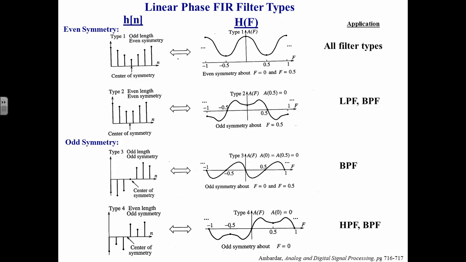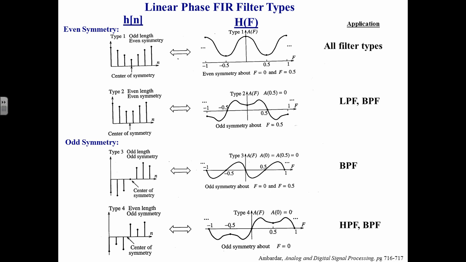Now this very busy chart is just showing you that on the left-hand column we have different shapes and different symmetries that the unit sample response for an FIR filter might have. And these are all cases that will produce a linear phase response in the discrete time Fourier transform frequency response.